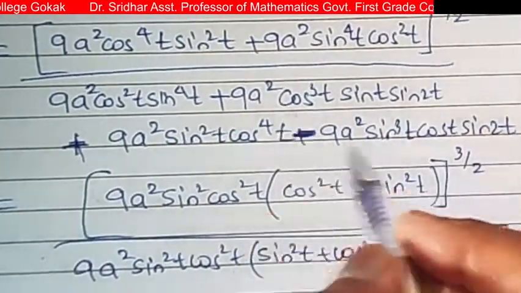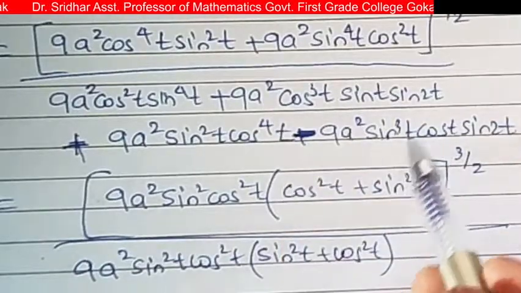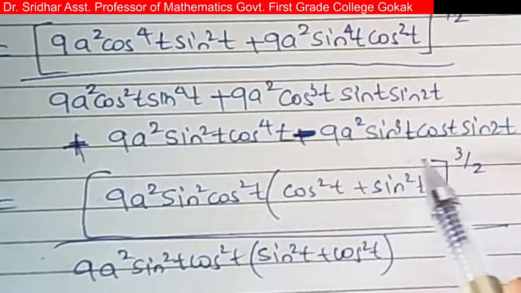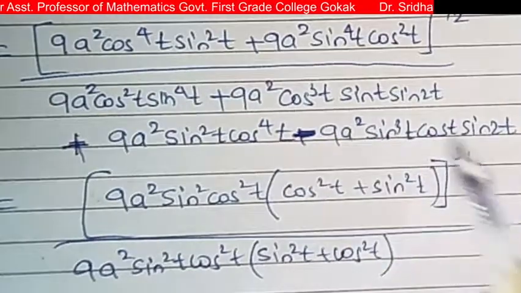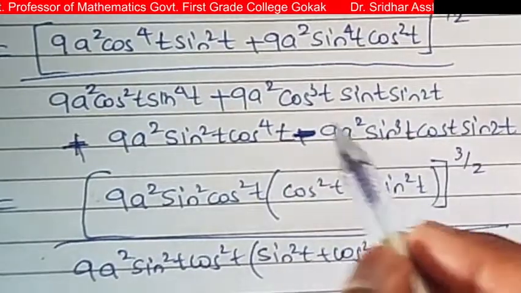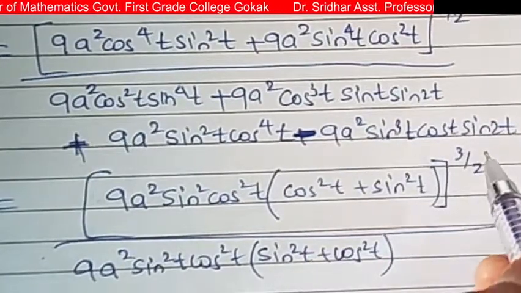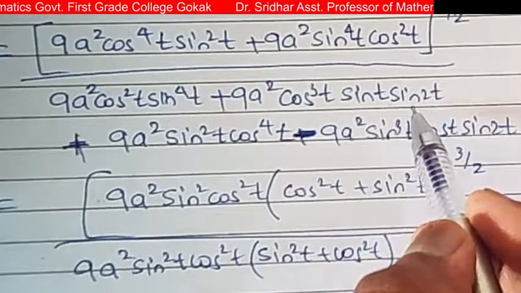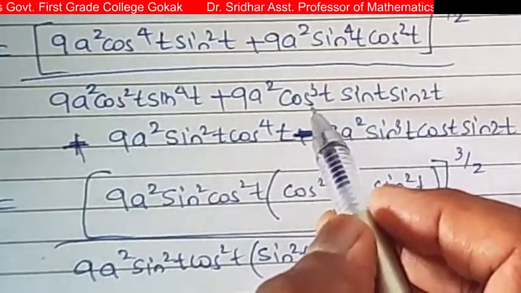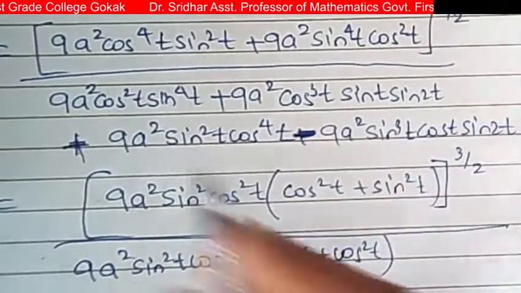Similarly in these two cases, 9a square sin cube t, then 9a square cos cube t sin 2t, then 9a square sin cube t cos t sin 2t. So again this can be written as 2 sin t cos t.